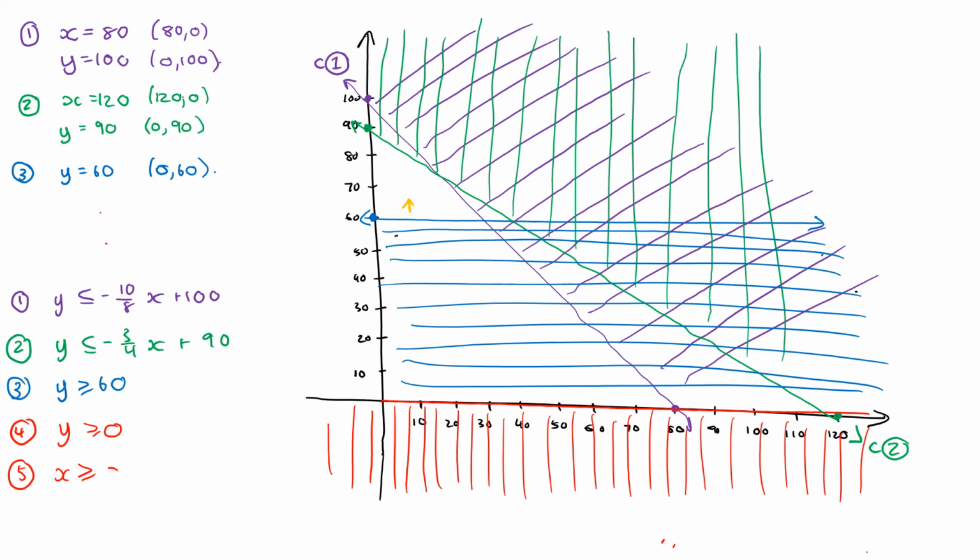We have x is greater than or equal to 0. When you take your y horizontal line, this line here where I'm doing the hatch, everything in that direction is infeasible. So we're going to cross it out.